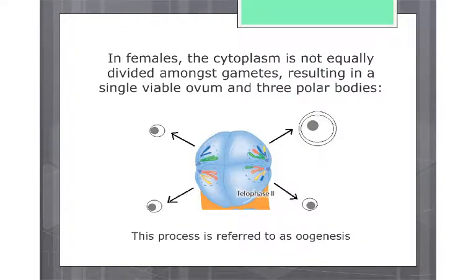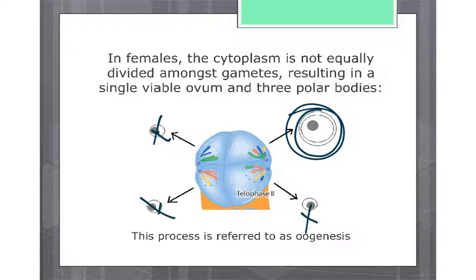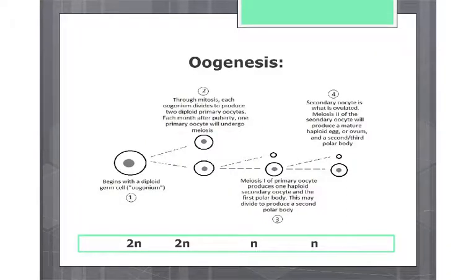We talked about how we get 1 viable egg, but even though we get 4 gametes, only 1 egg is viable. The rest of these are polar bodies that are not viable in oogenesis. Okay, this diagram will go through a little bit more detail about that process if you'd like to go through it.